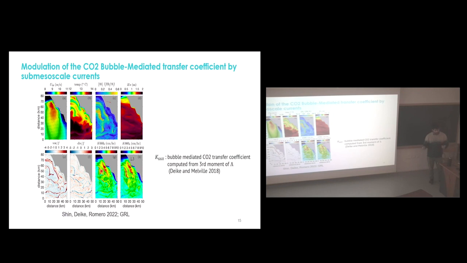And that's using the framework of Deike and Melville. What we find is that the K gas transfer coefficient increases by a factor of 50% along these submesoscale cold filaments where you have a lot of downwelling. Now the question is, is that going to matter to the flux? That's still something I'm trying to work on. I think the answer is that you need areas where these features are persistent, because they change rather rapidly.